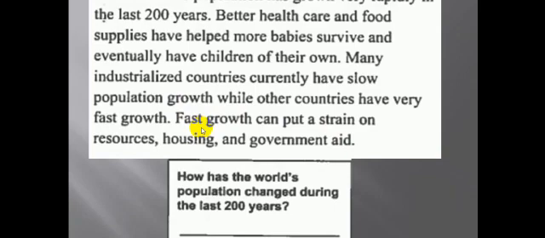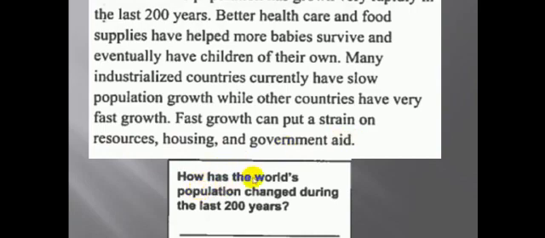But fast growth has a somewhat negative side because there will be a strain on resources. With a lot of people, of course, there will be problems with resources, with housing, and with government aid.